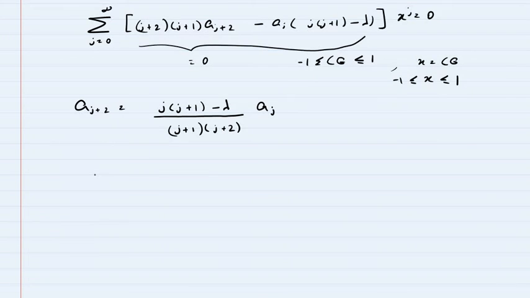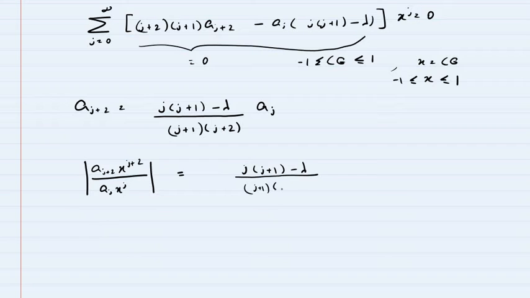Okay, now let's talk about the convergence of the series. To see the convergence, we need to consider a j plus 2 times x^(j+2) divided by a j times x^j, which is equal to j times j plus 1 minus lambda divided by j plus 1 times j plus 2 multiplied by x squared. And we need to consider what happens when j goes to infinity.